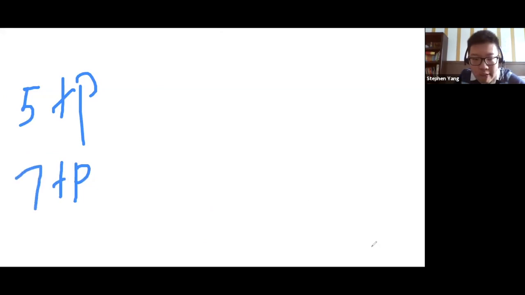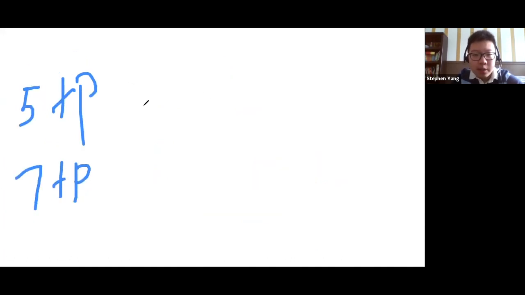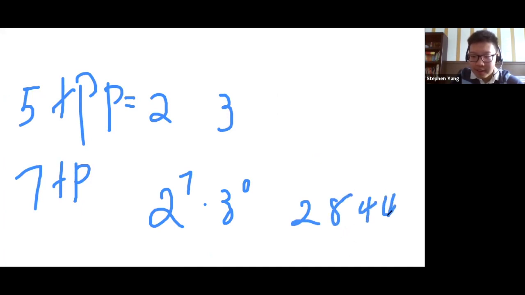That means p is only divisible by 2s and 3s. So p would be equal to 2 to some power times 3 to some power. And 2 to the 7th power times 3 to the 0th power is achievable because you could have 2, 8, 4, 4.